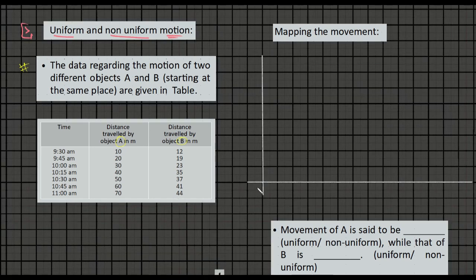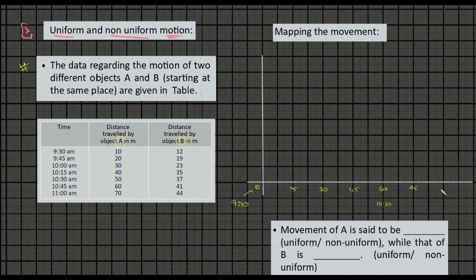So we'll begin with 0 indicating 9:30, and every 15 minutes we have the data of the objects A and B being displaced. Okay, so how far it is away from the origin, we have that data. This is indicating 10:30, remember. 60 minutes away is 10:30.